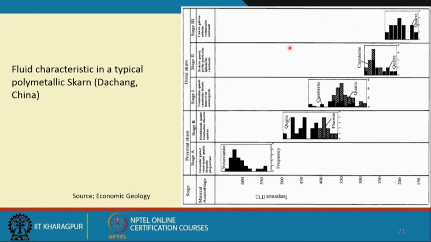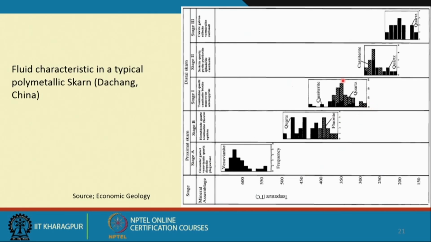And the stage 2 will be with the sulfide precipitation, and here the fluid inclusions have been studied from both cassiterite as well as quartz. You could see a good degree of overlap in the temperature range studied from these two minerals. So, thus essentially establishing the coeval nature, the same time deposition, of both quartz and cassiterite.